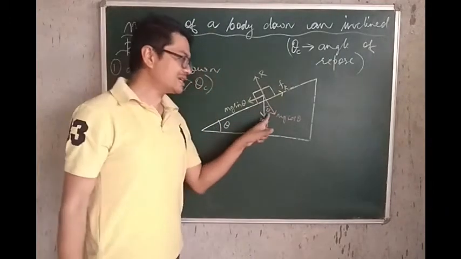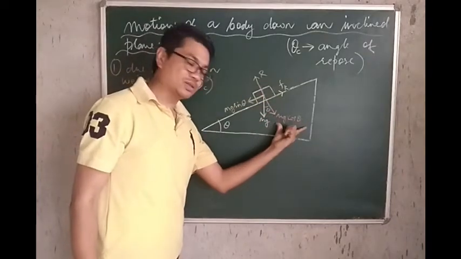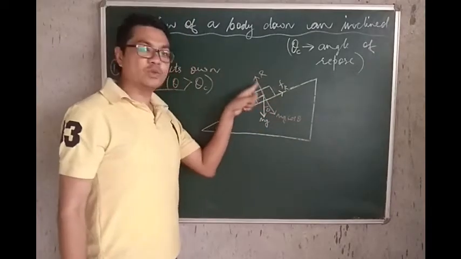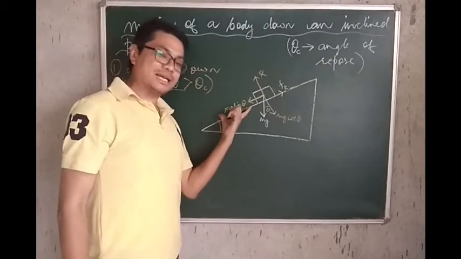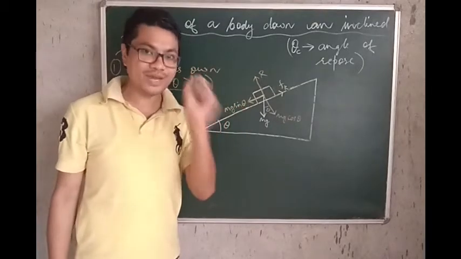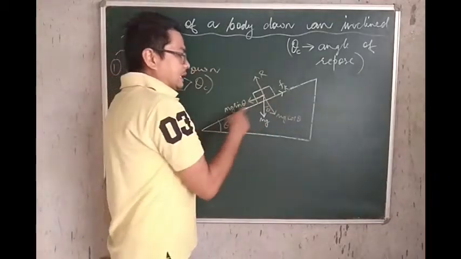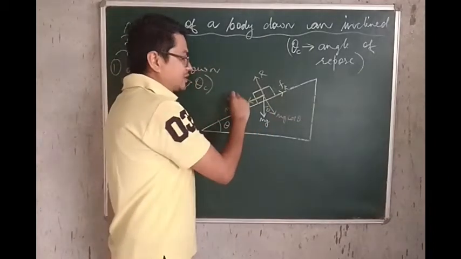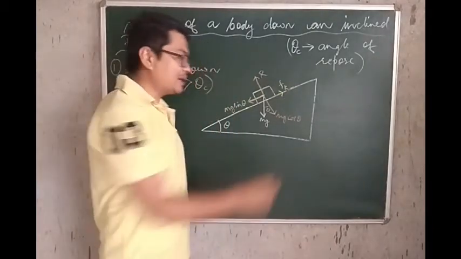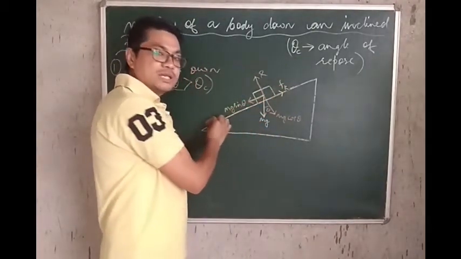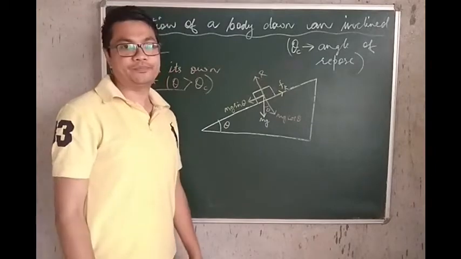So if this angle is theta, then this component is mg cos theta, which is balanced by the normal reaction R. And this mg sin theta component of the weight of the body is in this case greater than the force of friction that acts, and thereby the body moves down the inclined plane.